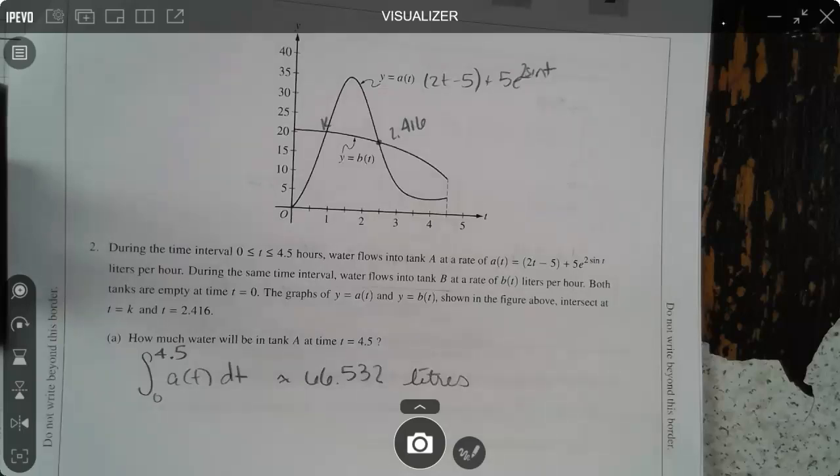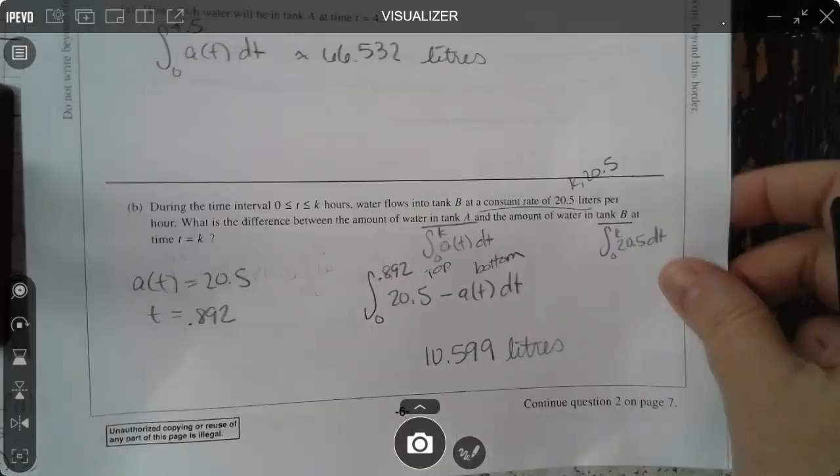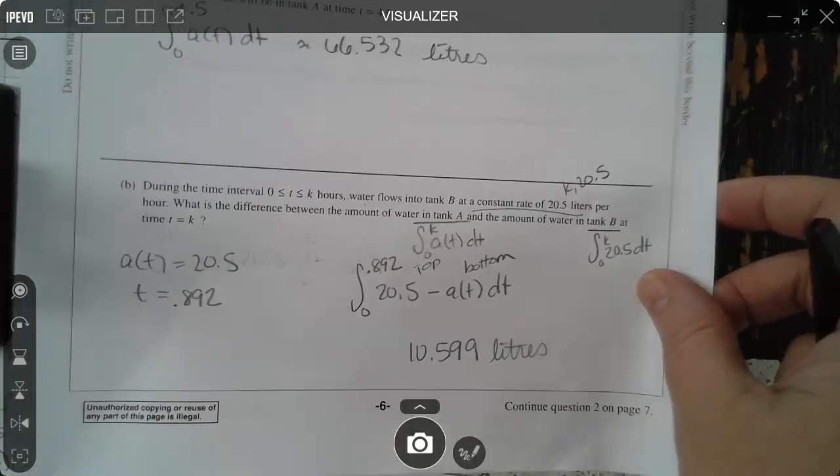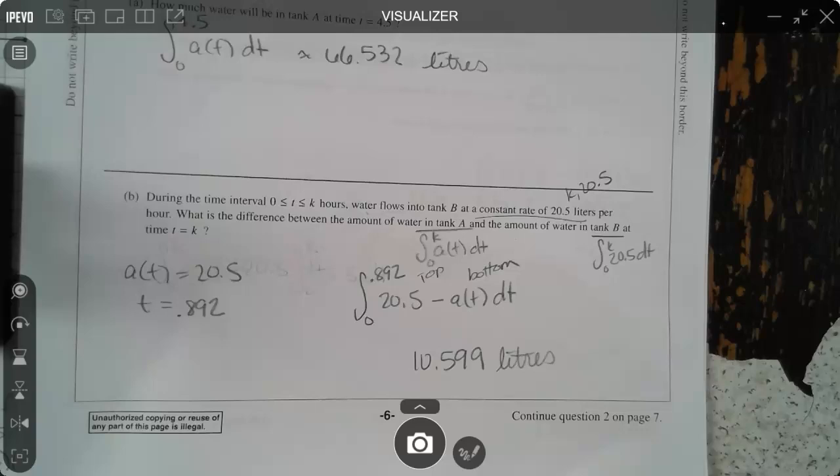Part B, during the time from 0 to K, water flows into B at a constant rate of 20.5 liters per hour. Remember, again, these are rates.